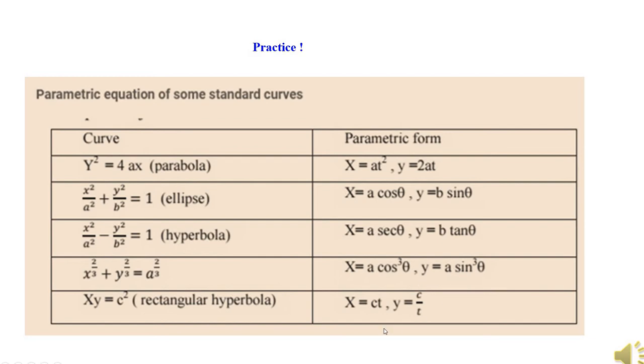So these are for practice. The parametric form of the equation is given, then make use of the corresponding radius of curvature formula, and you can find the radius of curvature.